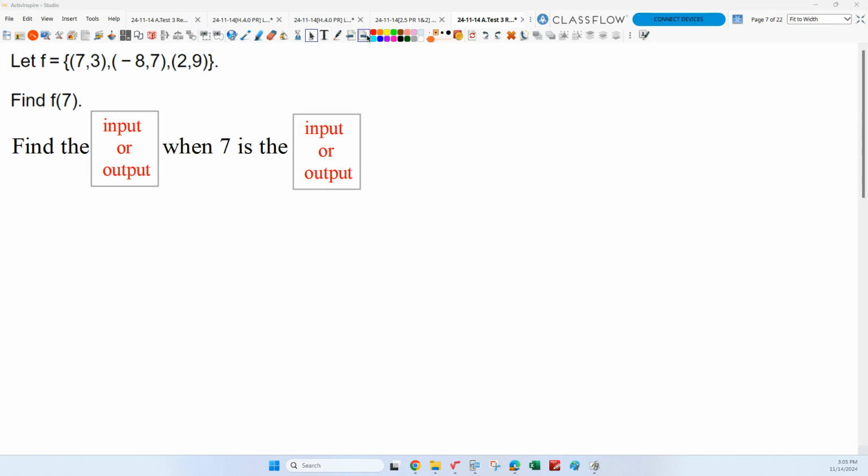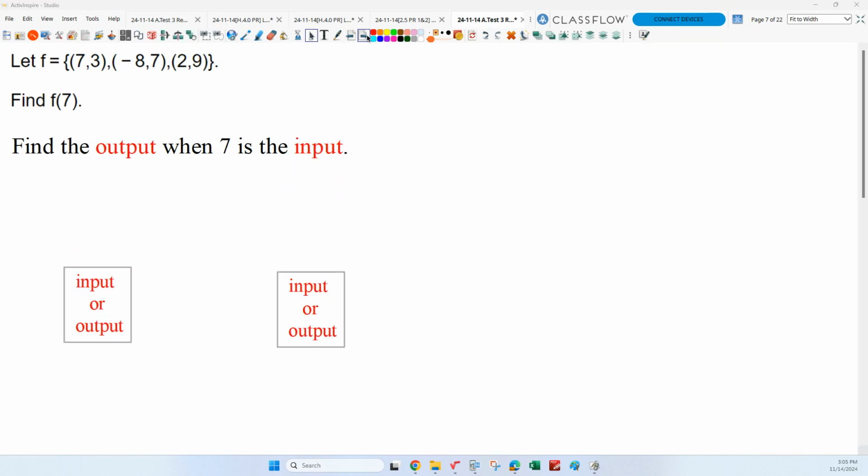All right, what about one like this? If I give you a relation that's a set of 3 ordered pairs, and they tell you to find f of 7. Okay, first of all, are you finding the input or the output here? Output. You're finding the output. What is the input? 7. Yeah, 7's the input.